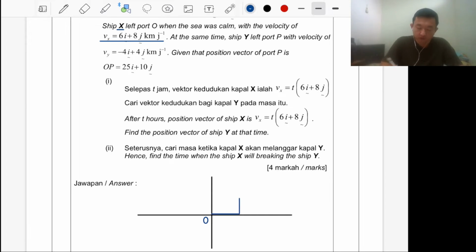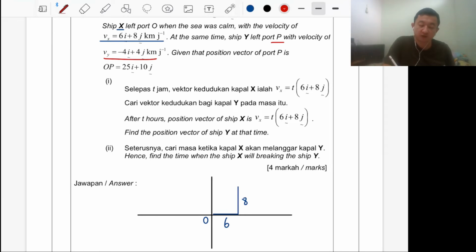Make it smaller on the space. Okay, probably is like this. 6i, 8j. At the same time, ship Y leaves port P, with a velocity of negative 4i plus 4j.